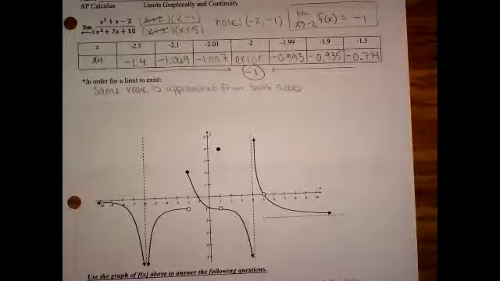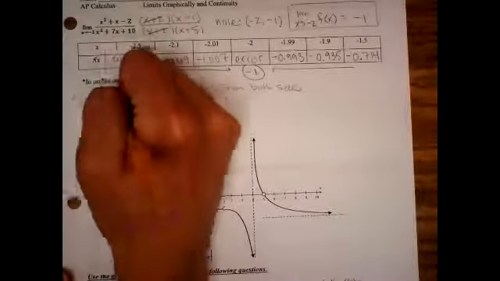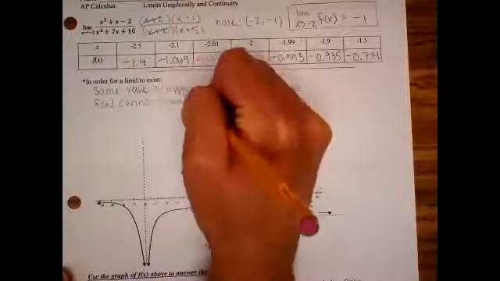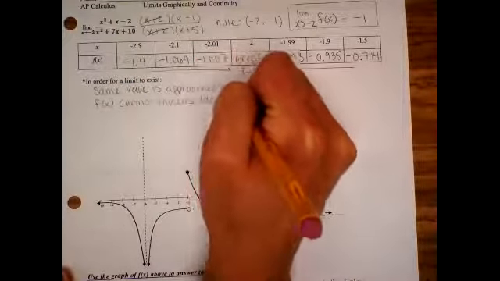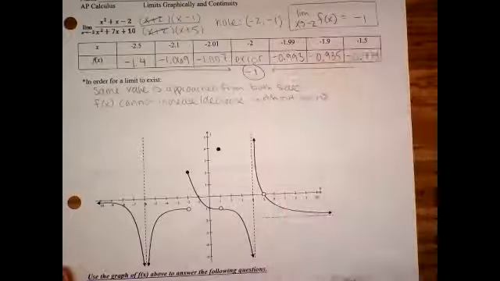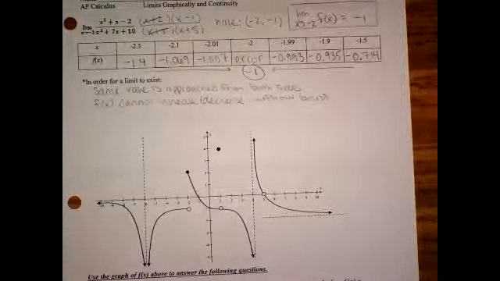All right, so the same value has to be approached from both sides. Your function cannot increase or decrease without bound. What does without bound mean? If something increases without bound, where is it headed? Good, infinity.